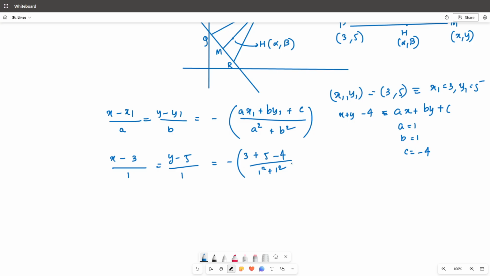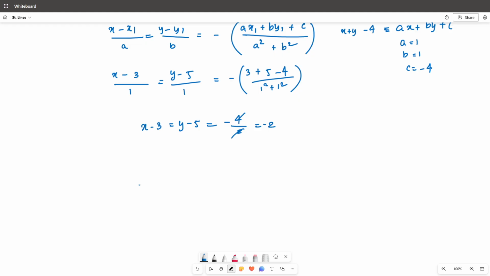So we have x minus 3 is equal to y minus 5 is equal to 3 plus 5 is 8, 8 minus 4 is 4. So we have minus 4 by 2, that is minus 2. Now to find x, so x minus 3 equal to minus 2 and y minus 5 equal to minus 2. So x we have is 3 minus 2, that is x equal to 1, and y is equal to 5 minus 2, that is y equal to 3.